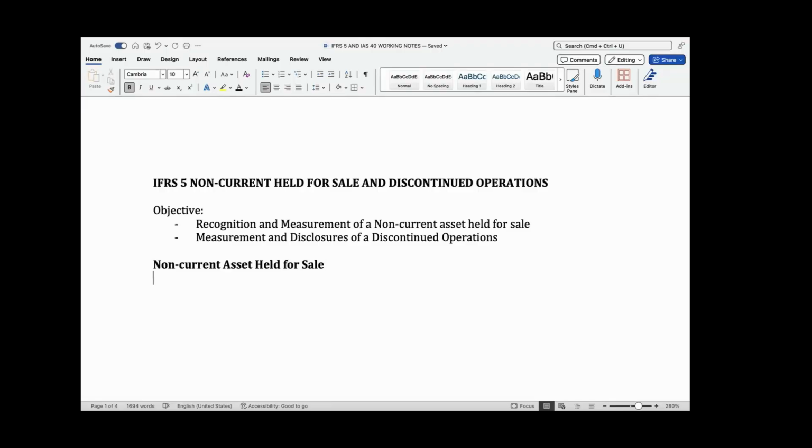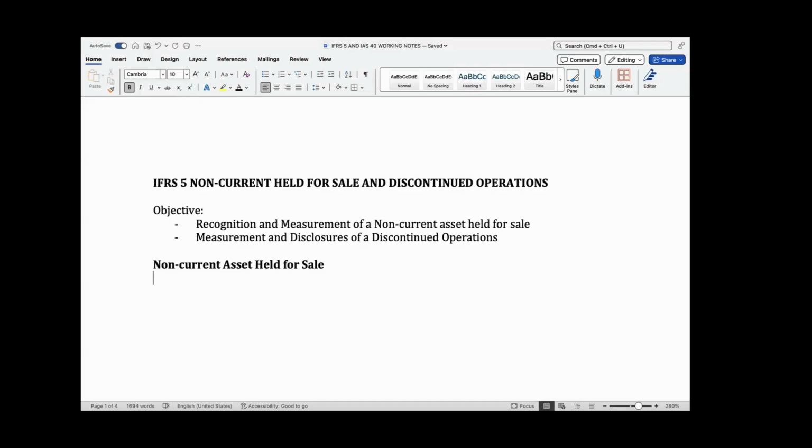So when we say a non-current asset is held for sale, as the name implies, it means that the purpose, the objective of holding the asset is to sell it.